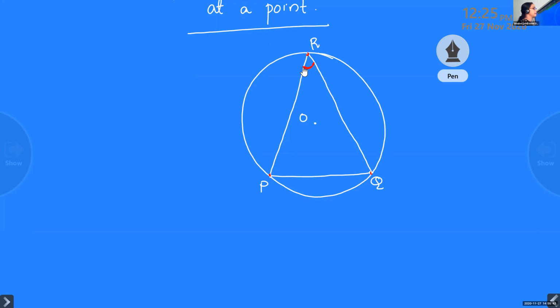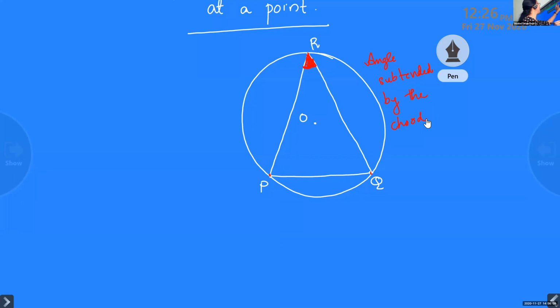This angle, which I shaded now with red color, is known as angle subtended by the chord. Angle subtended is a new term for you. Just meaning that it is making an angle.